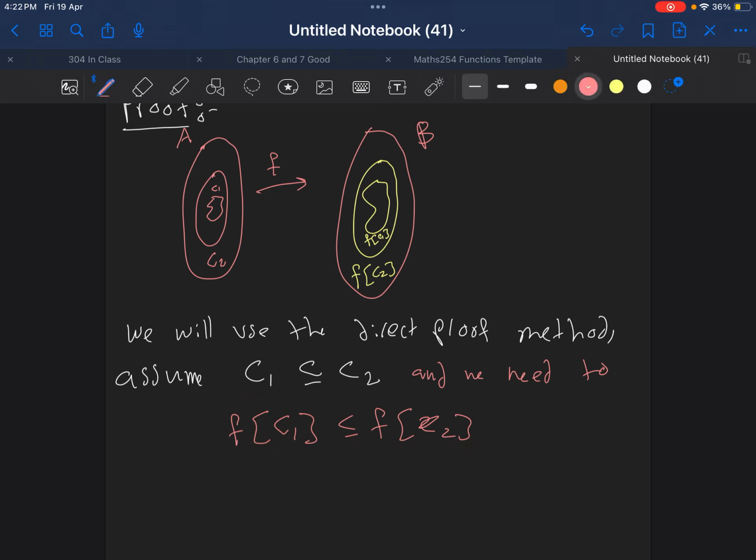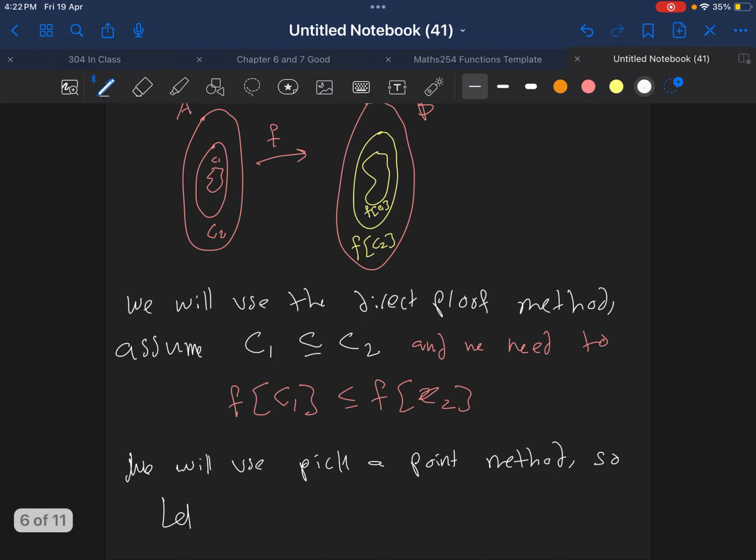In this case, we will use the direct proof, the pick a point method. So let, of course, anything in F of C1, this means I'm in the codomain, so we can choose it as Y. So let Y belong to F of C1.